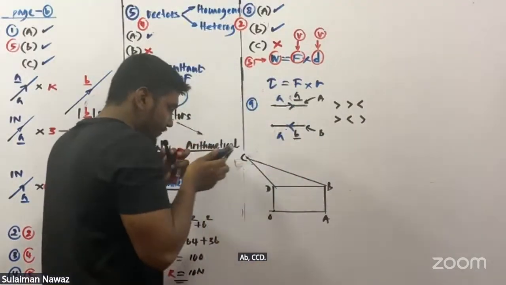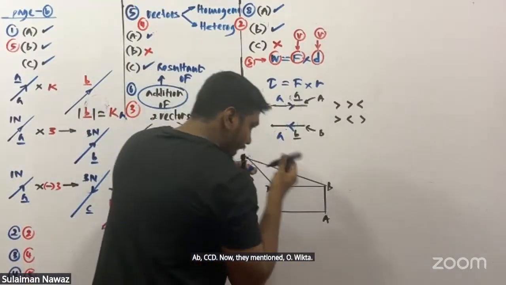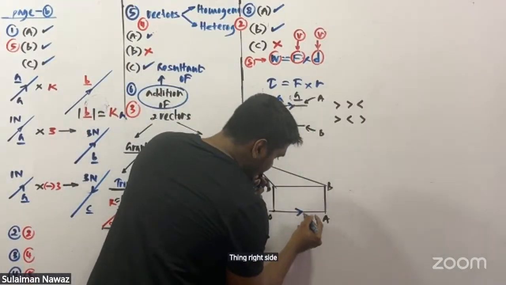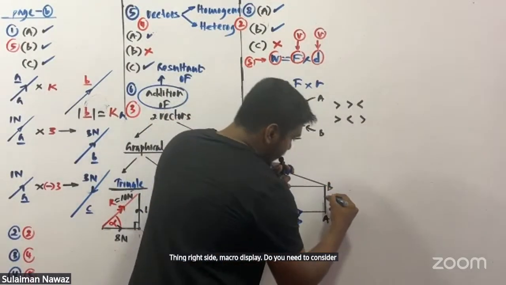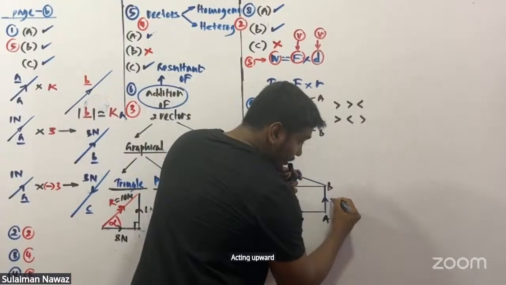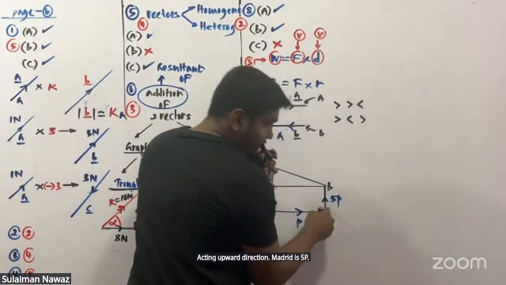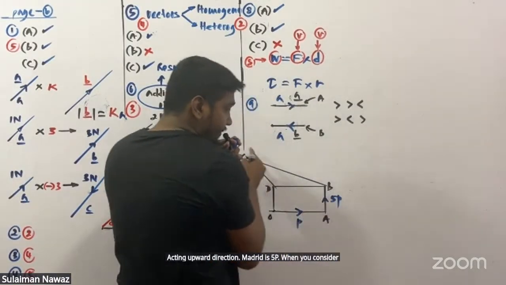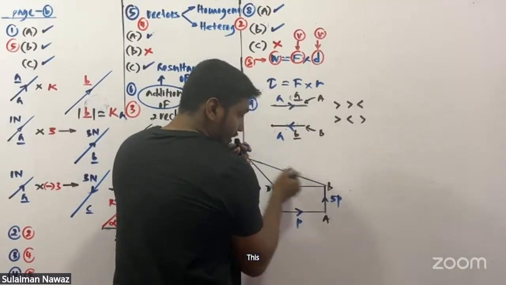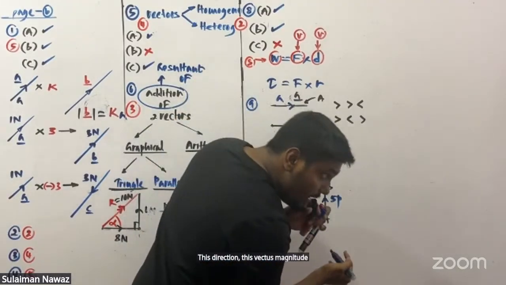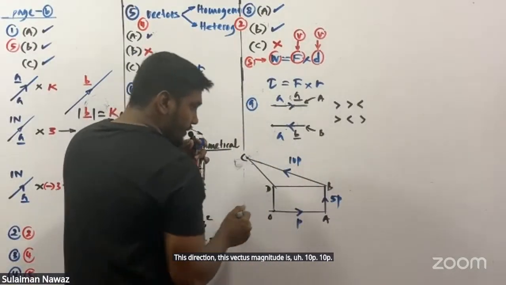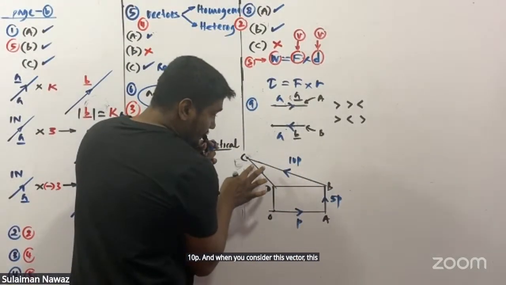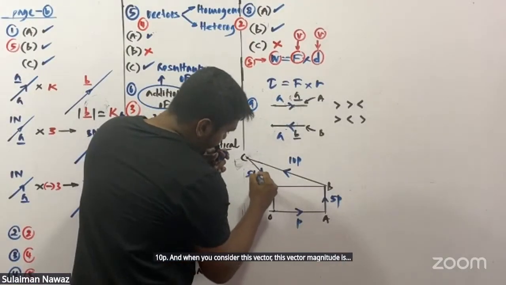Now they mention OA vector acting right side, magnitude is P. When you consider AB vector acting upward direction, magnitude is 5P. When you consider BC vector, in this direction, the magnitude is 10P. And this vector's magnitude is 5P.